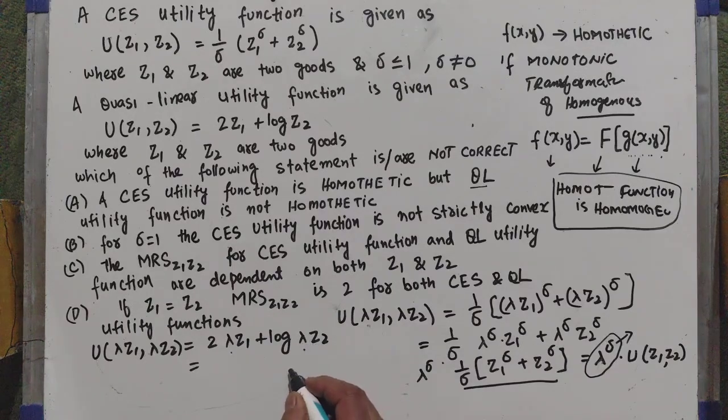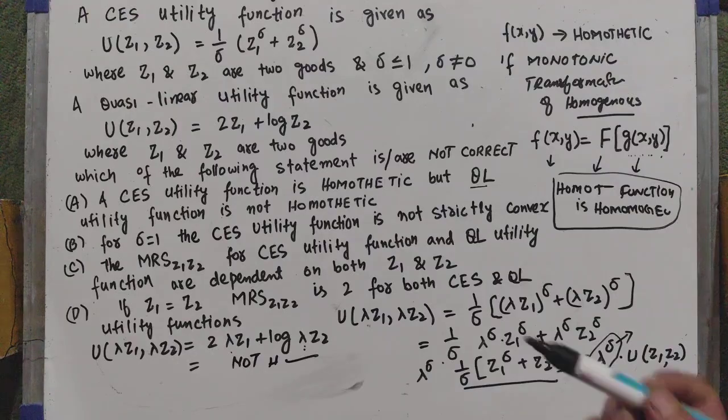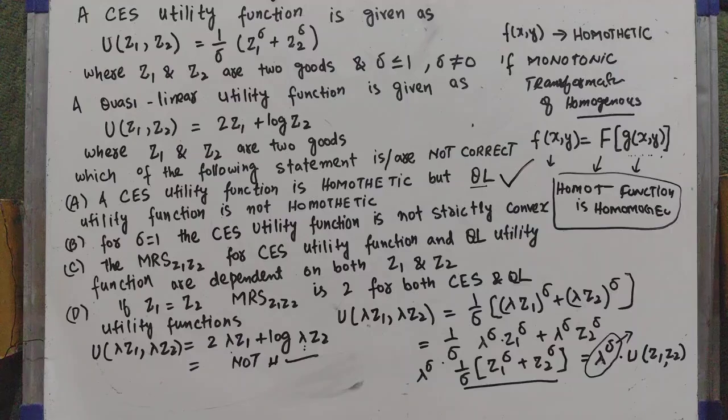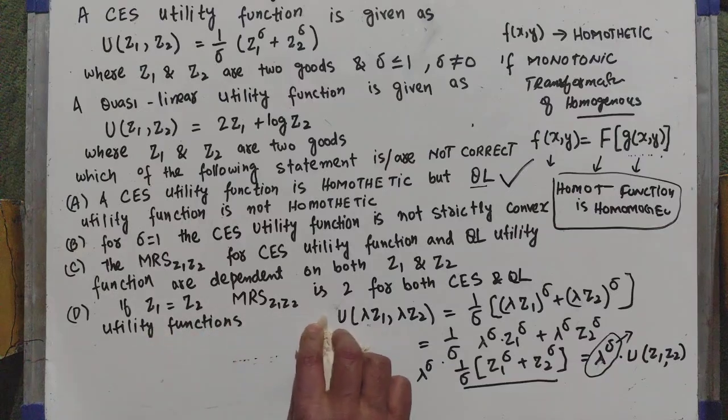If it were lambda times x plus lambda times y, we could factor out lambda and get x plus y. Here we cannot take lambda out completely, so we can say the quasi-linear utility function is not homogeneous. If it is not homogeneous, it is not homothetic. So this is correct, but we are supposed to find the incorrect option. So we are done with the first option.